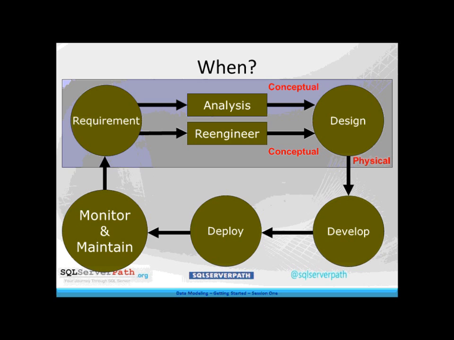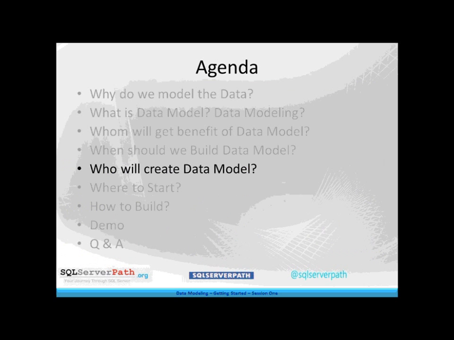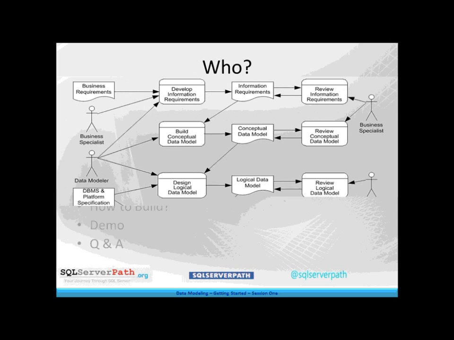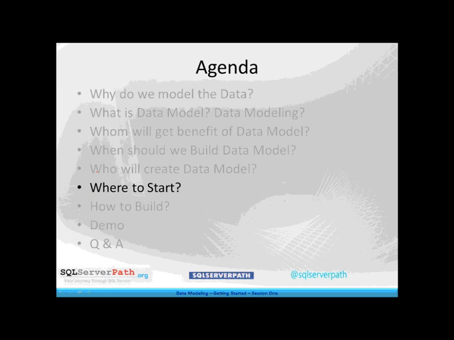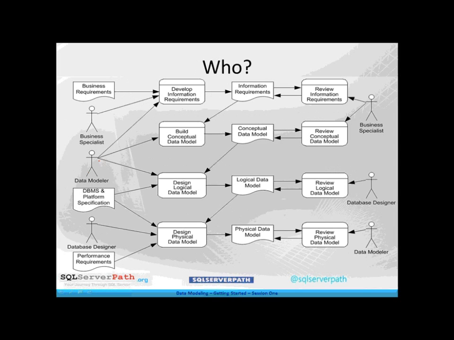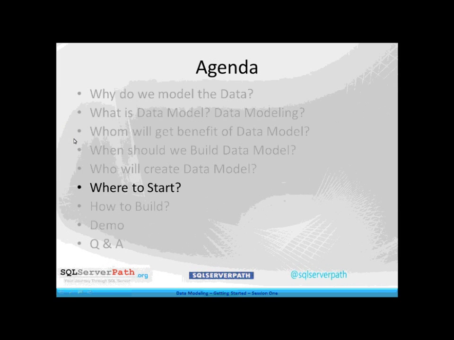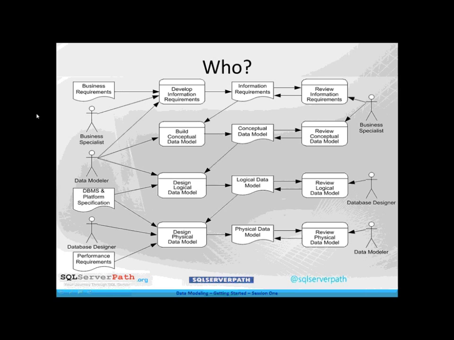Okay, who will create the data model? If you look at the diagram, who is going to be involved? You see some of the roles here that I mentioned. Here we have a business specialist and a data modeler.